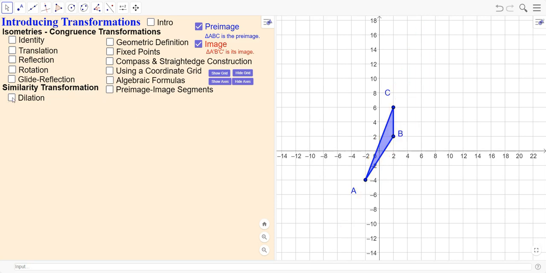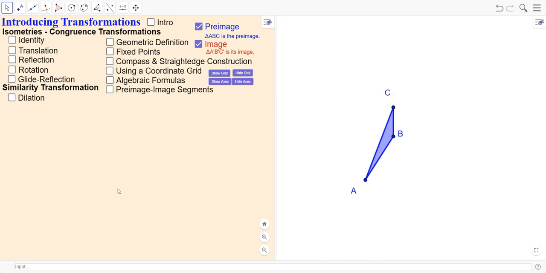So, in conclusion, we have now a kind of long video here. I apologize for that, but we have gone over identity, translation, reflection, rotation, glide reflection, and dilation in one single video. We've looked at the geometric definitions, what fixed points are, how to do compass and straightedge constructions, how to use a coordinate grid if it's available, and if we have axes, how to find that.